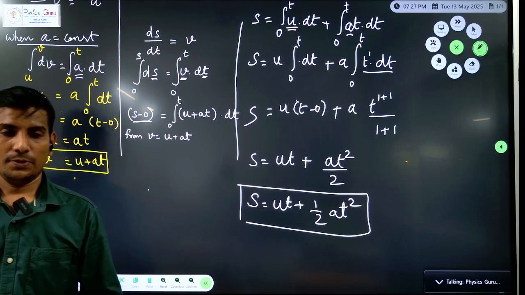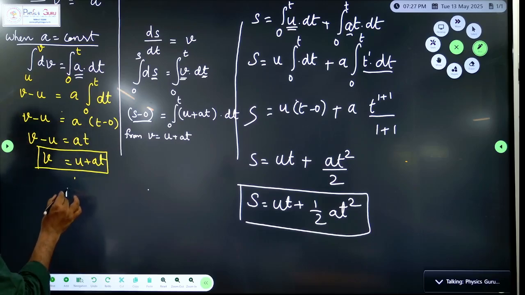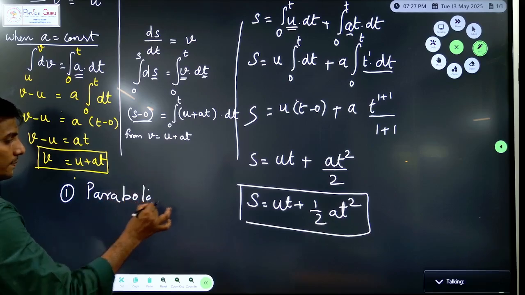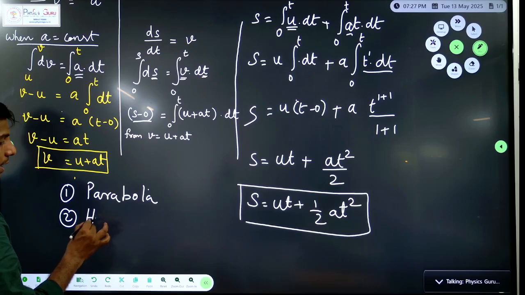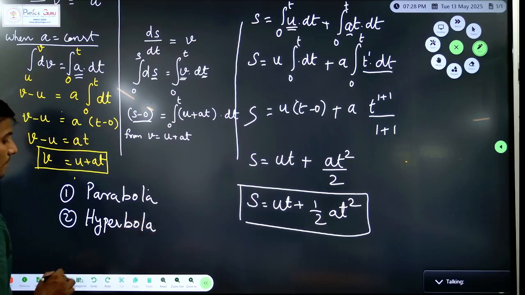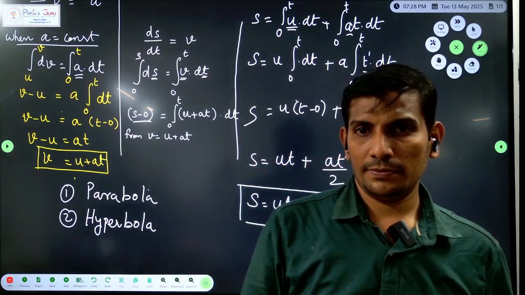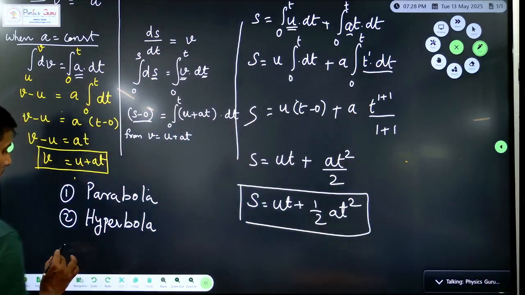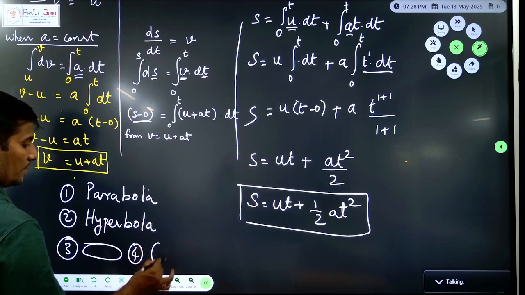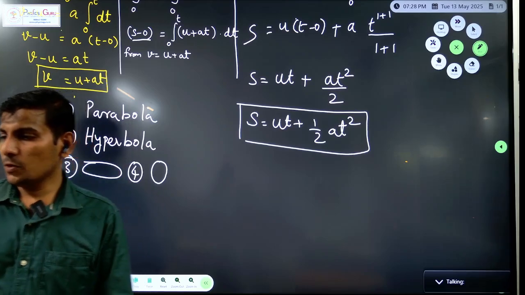place. So I suggest you children, you go and find out formula for parabola. Second, hyperbola. Ellipse, circle. These four structures are enough. Okay.